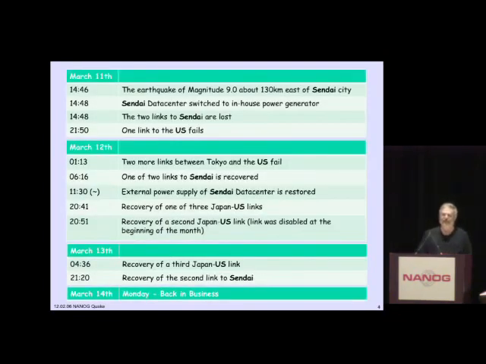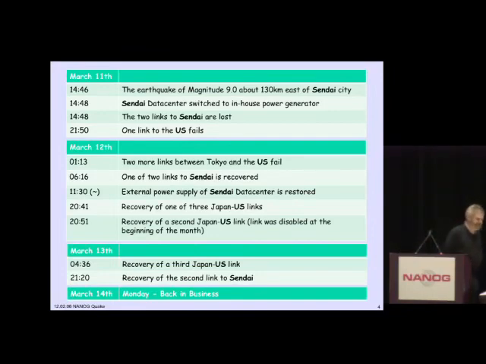The real world events: March the 11th at 2:46 in the afternoon, things were pretty scary. Things were highly destructive up in Iwate and Fukushima prefectures. Two minutes later, our data center switched to in-house power.